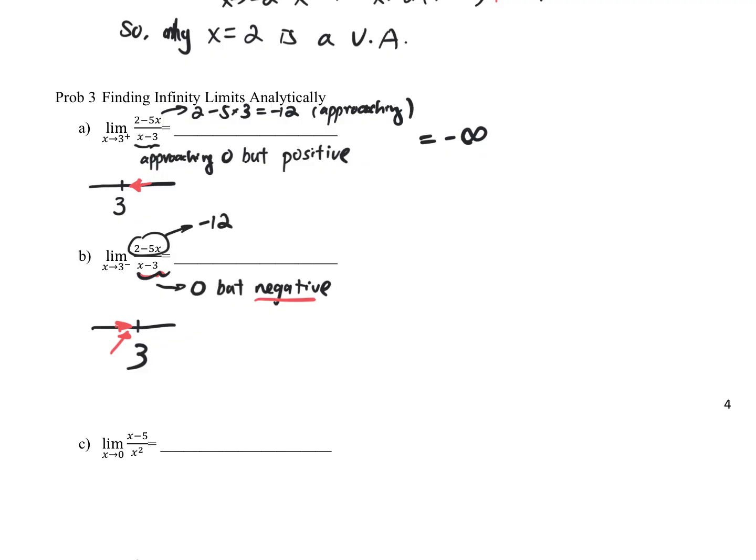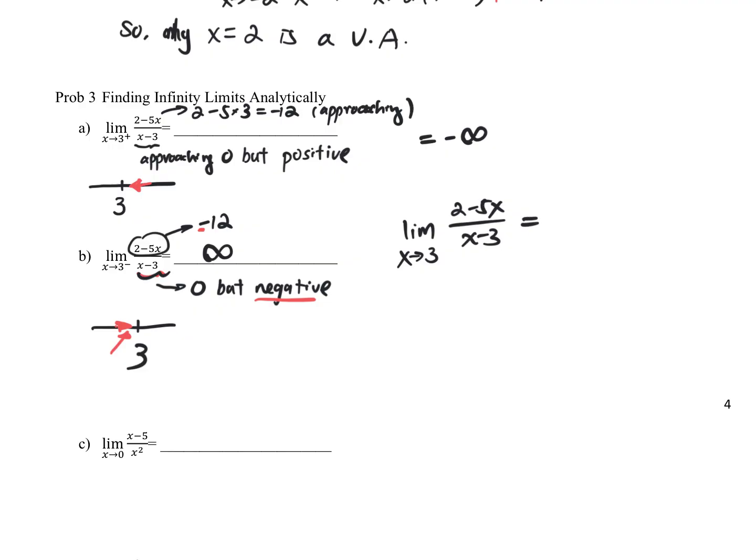And because there's a negative sign on both the top and bottom here, the ratio should be positive. Therefore, this result is positive infinity. So there's not much calculation that you do. You just have to be very careful on the sign so that you know whether the result is infinity or negative infinity.